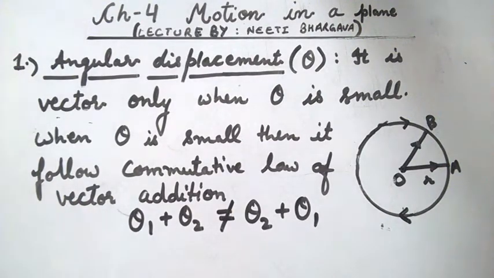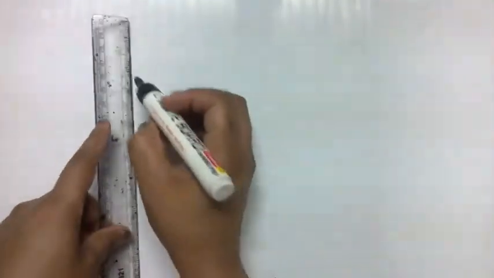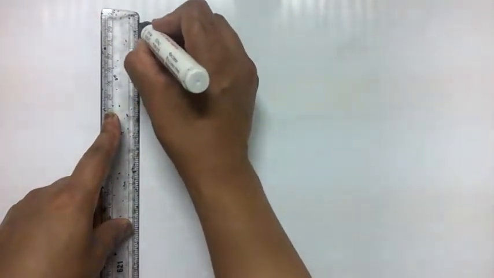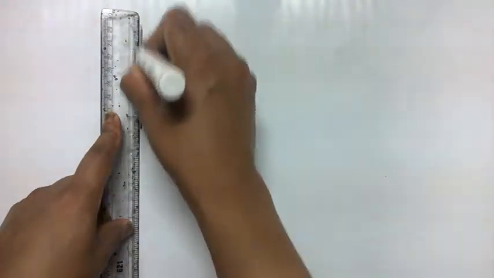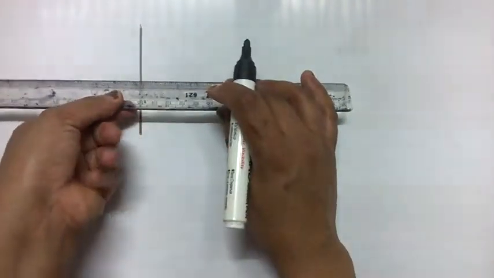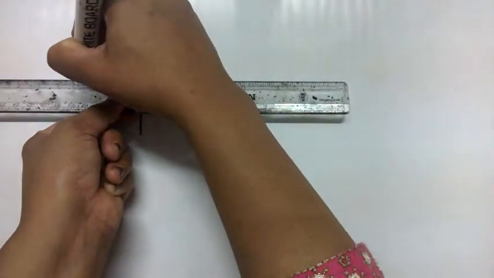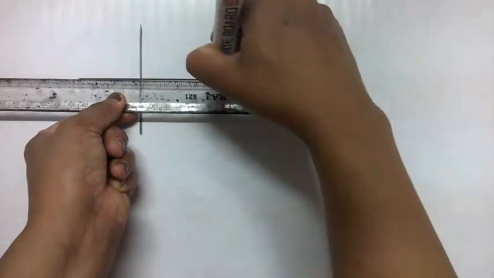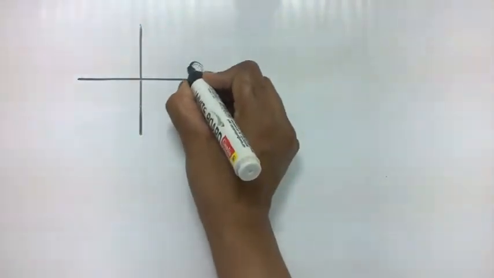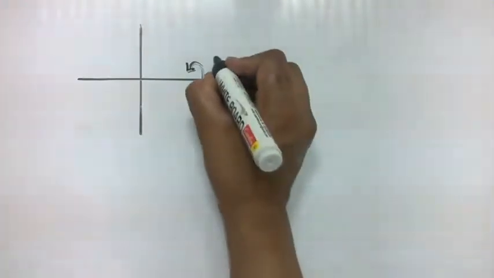quantity. Let's understand it with the help of one example: rotate one book along the x-axis first in anti-clockwise direction by an angle of 90 degrees. That is, the angle is large.